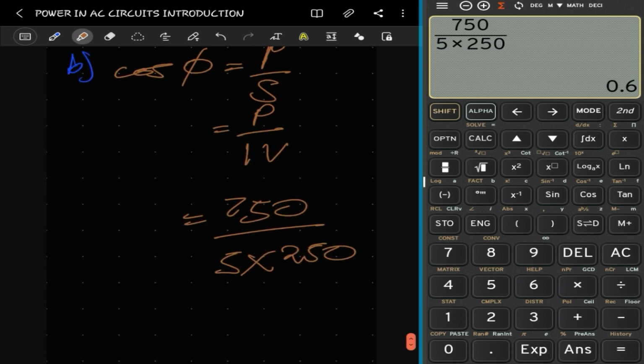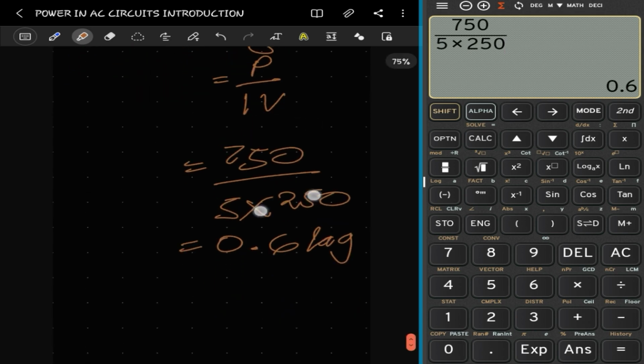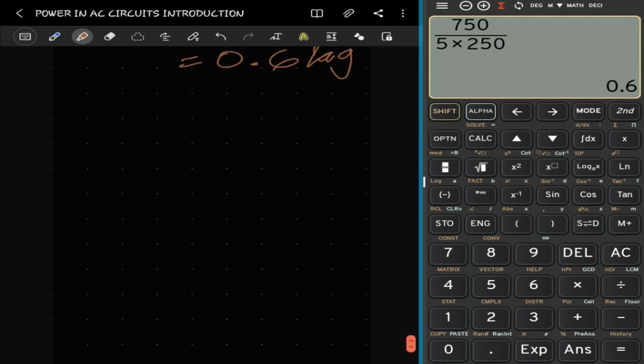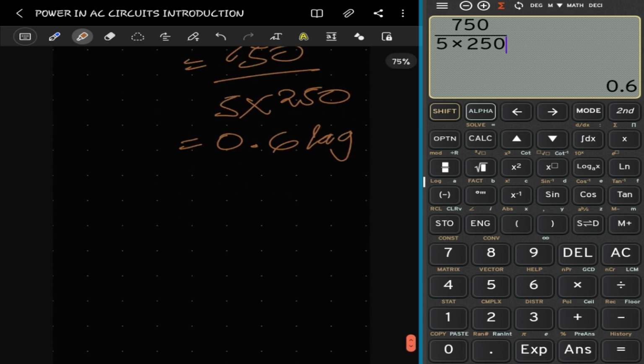But then there's one thing about the lagging and the leading. So we'll talk about that very fast. Can you have a guess whether the power factor is leading or lagging? Okay, so basically it will be lagging. Why? Let's see. When I talk about the elements, the RLC, we have a resistor, we have an inductor, and we have a capacitor.